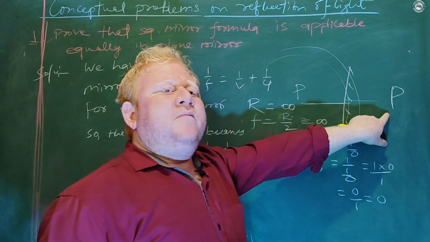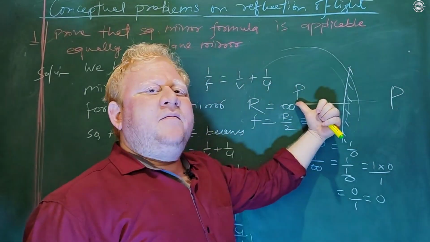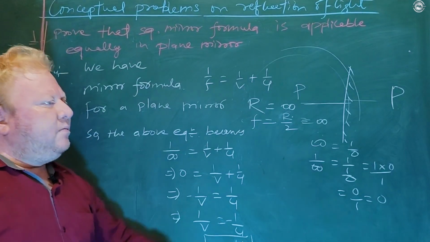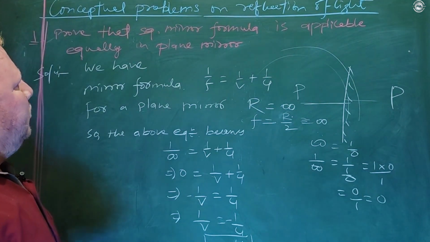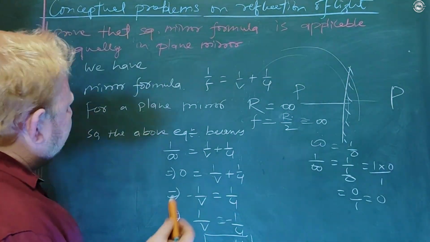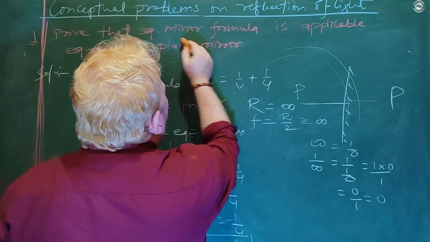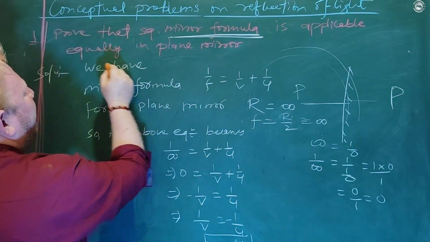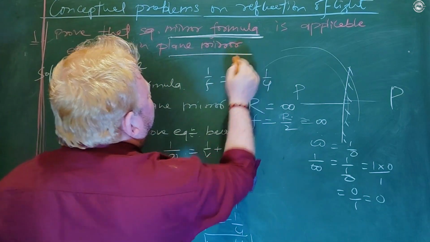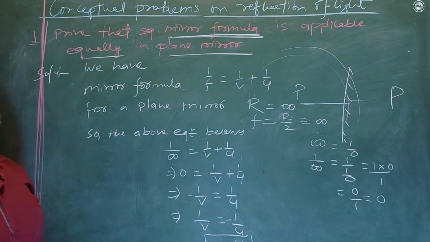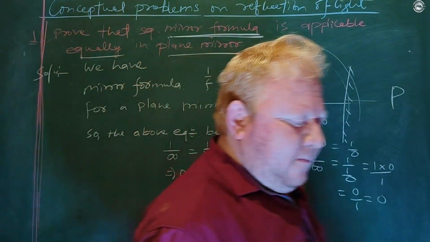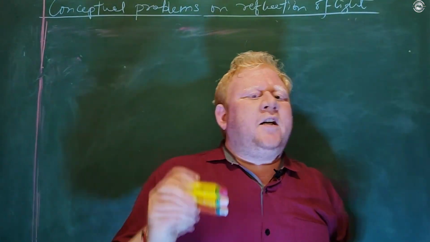If it is positive, then this is negative. So here v is equal to minus of u. So yes, of course we can say that this spherical mirror formula is applicable equally in plane mirror also. This is one of the very beautiful questions.